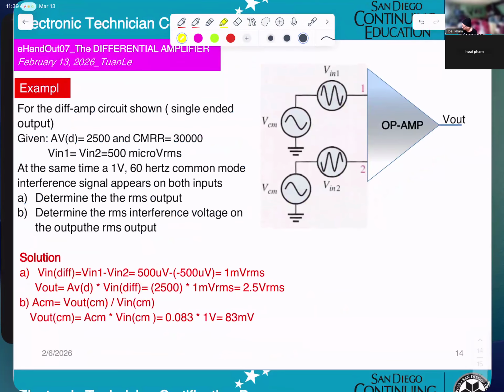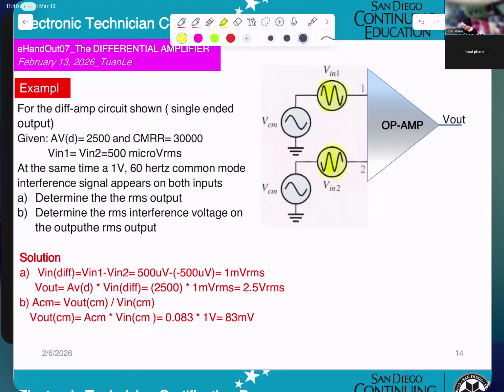Now we do the same thing as the last one, however in a different way. They apply V in 1 and V in 2. One thing we have to pay attention to: V in 1 and V in 2 must be opposite.